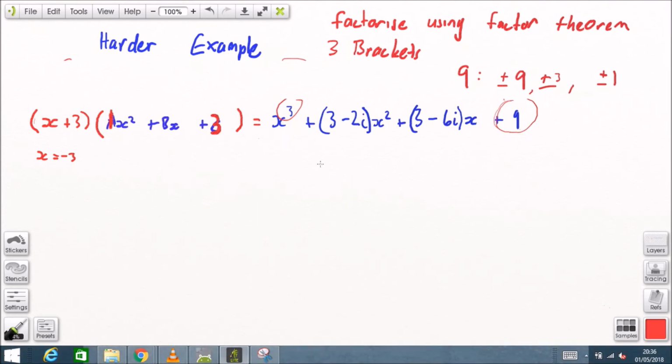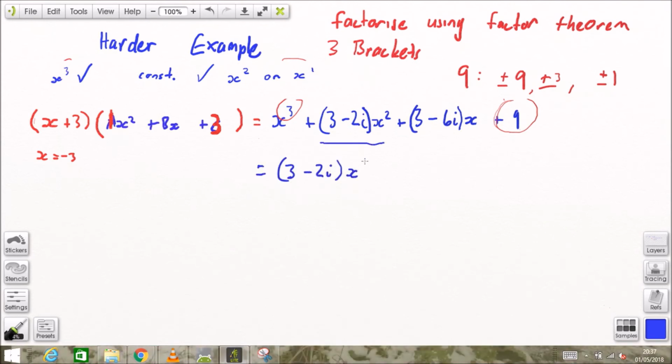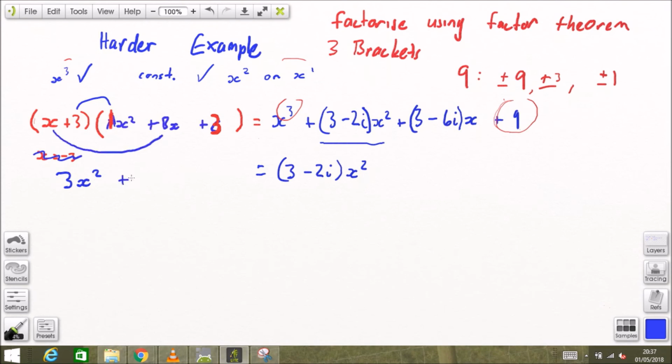So we've done this from working with our highest power and our constant term, our lowest power. But we've still got to work out b, so we can do that from the x squared or the x to the power 1 term. So let's look at the x squared term. We know the right hand side is 3 minus 2i times x squared. X squared terms on the left hand side come from 3 times 1x squared, but it also comes from x times bx.